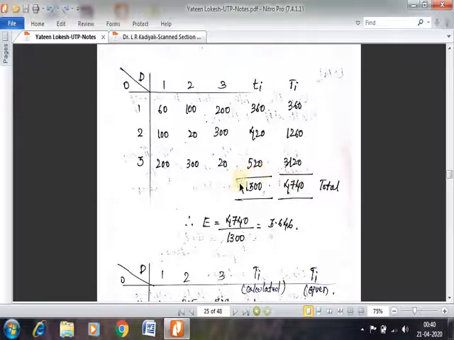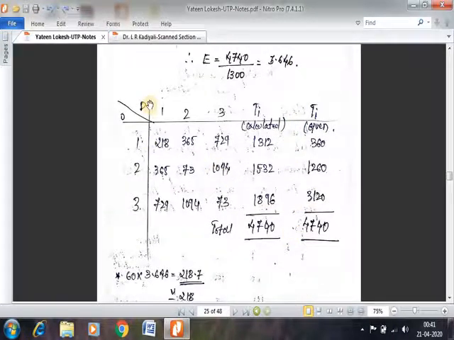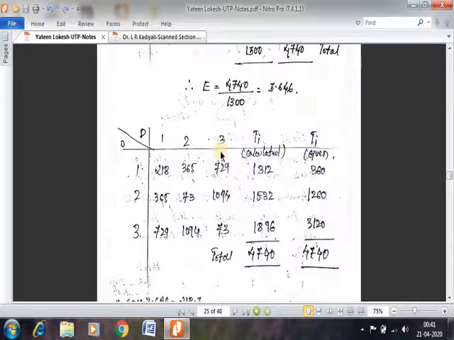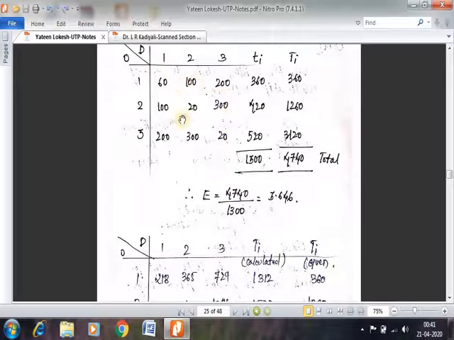When we know the present total trips and the future total trips, the ratio of the future total trips to the present total trips will give us a factor, and this factor is E, the growth factor. Once you have got the growth factor as 3.646, we will create one more OD matrix, and in this OD matrix all these contents would be the multiplication of these elements with the corresponding growth factor.